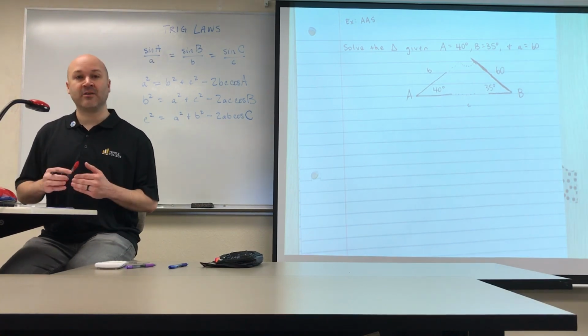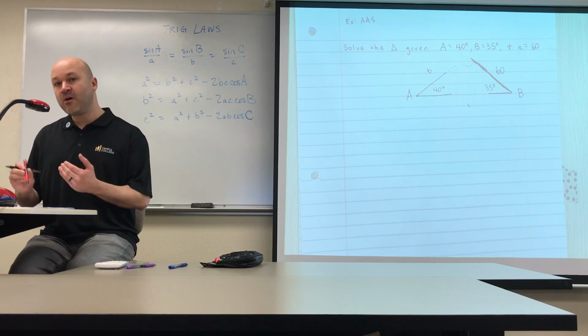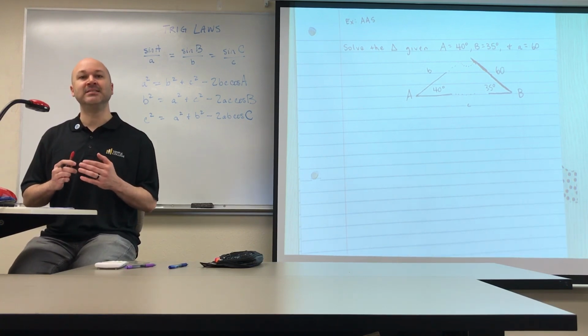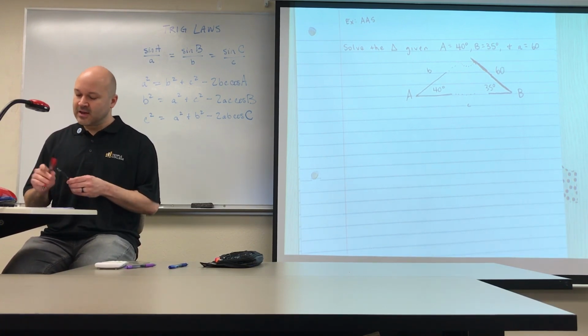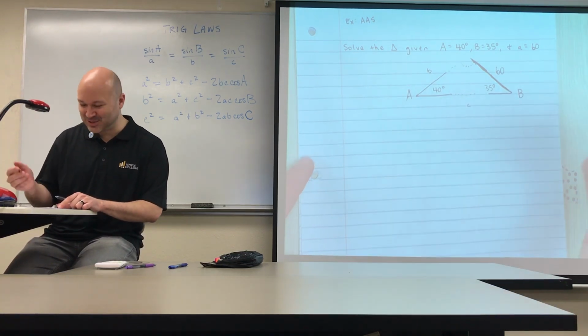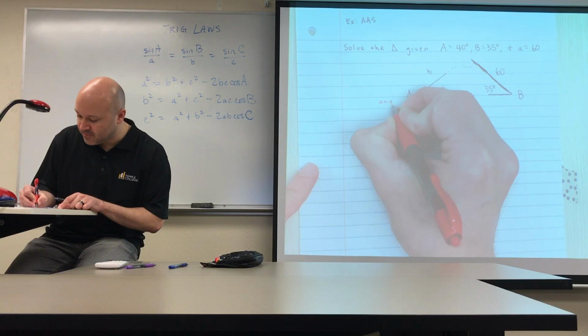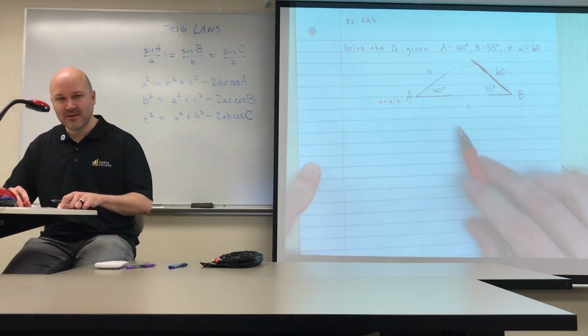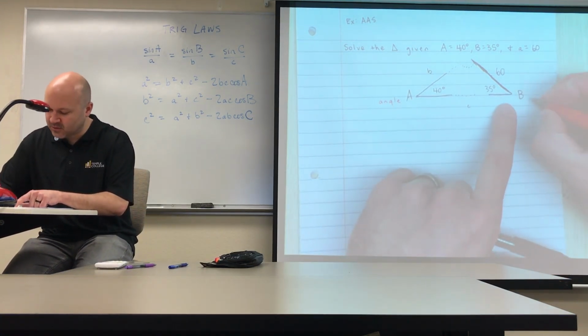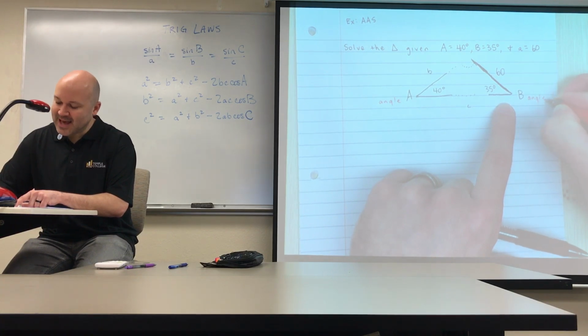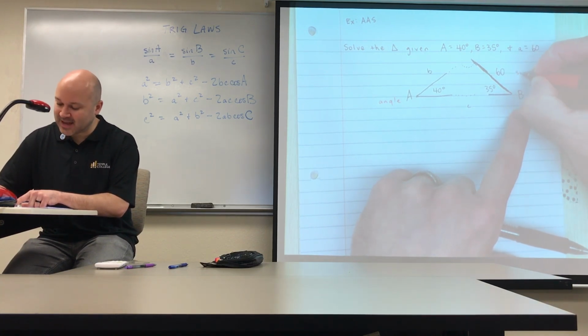Typically when we're solving triangles, the very first thing we do is draw the triangle, try to sketch it out, and then identify the case. In this situation, in this case, we were given an angle, and then we were given next an angle, and lastly, we were given this side.